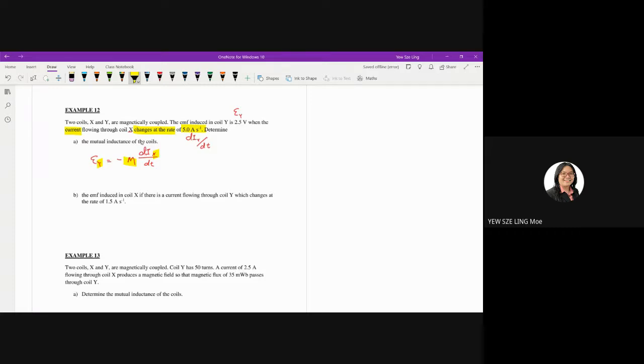Now this is where you have to be careful. When you have dI over dt, if your dI is a positive value, what does it mean? It means your EMF would be negative. Why? Remember, if your I increases, B increases.